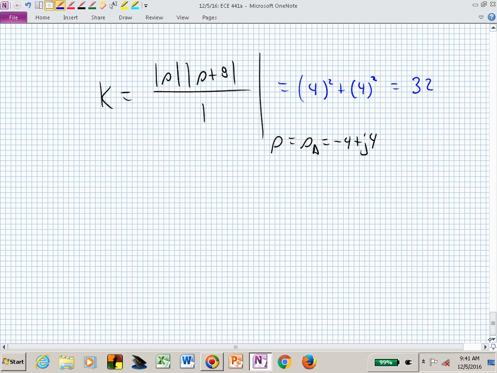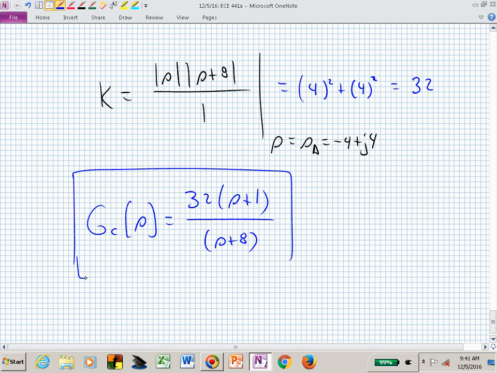And my controller in the output feedback has now been determined. What kind of a controller is this? If you had to name this with any more description, you could say, oh, that's a cascade controller.